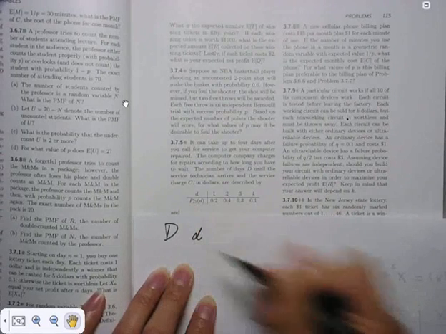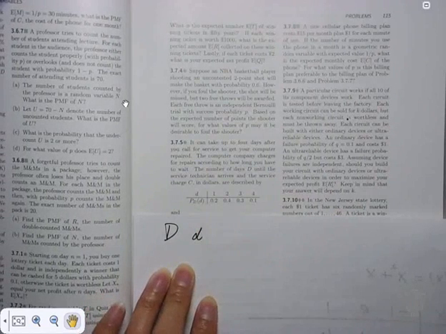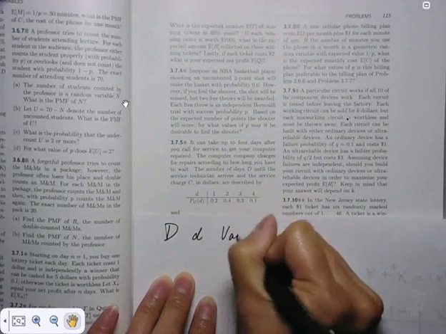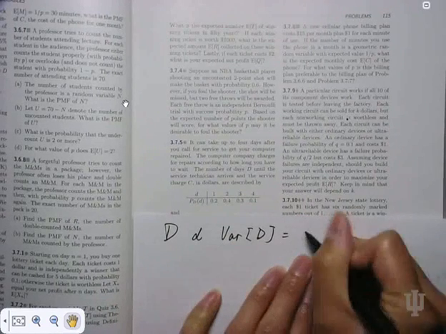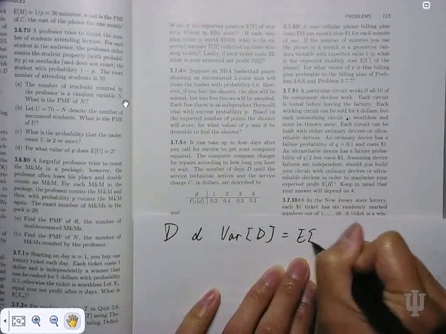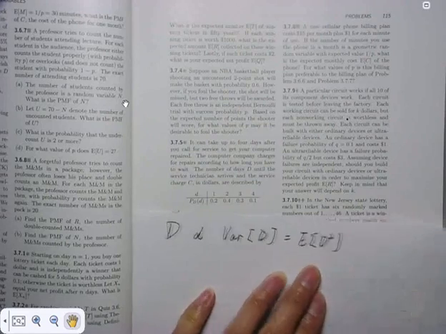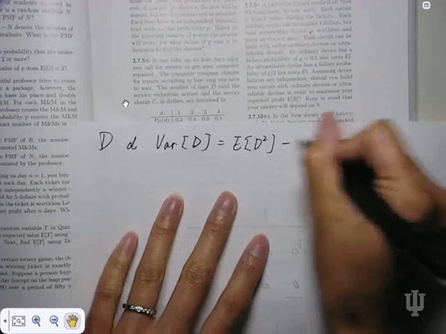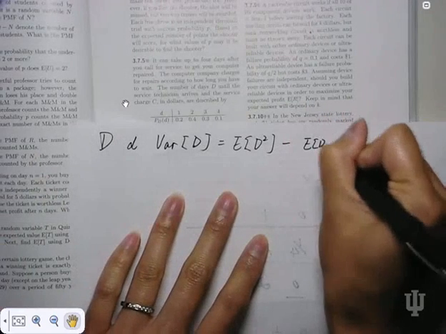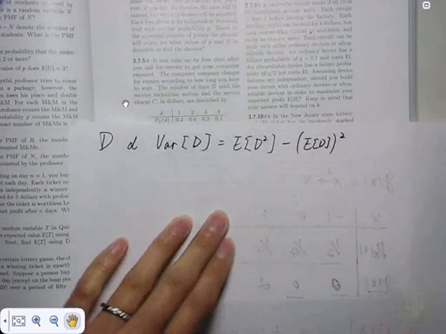Big D is your random variable. If I want to know the variance of D, which is the expectation of D squared minus the square of the expectation of D, right?